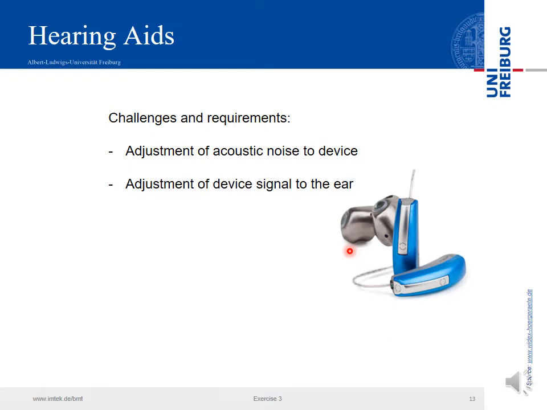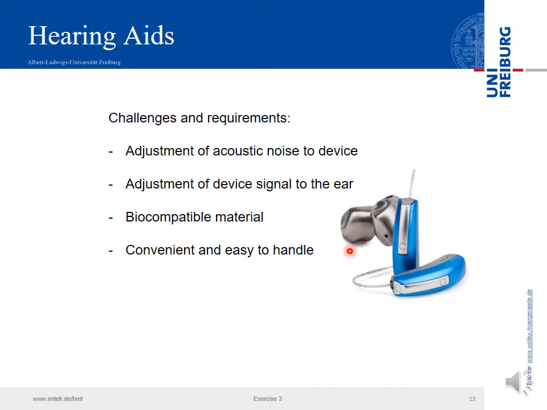Adjustment of the device signal to the very specific personal ear. Of course, biocompatibility of the material. If you have an earplug in your ear all day long, there is interaction with the skin, there is interaction with the air in there. You should prevent infections, so all the questions of biocompatibility.